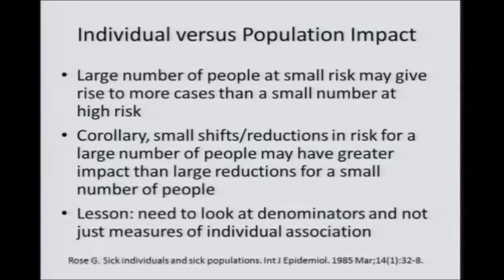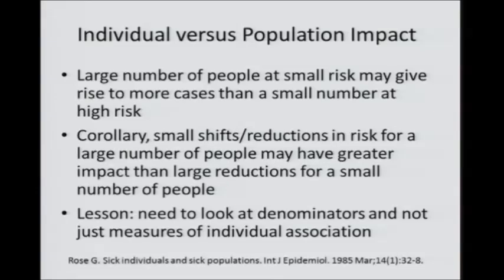So just moving into population attributable fractions, this is really just comparing individual versus population impact. So when you look at an individual relative risk versus what that impact translates to on the population. A key article that I really love referring to is by Geoffrey Rose, Sick Individuals and Sick Populations.